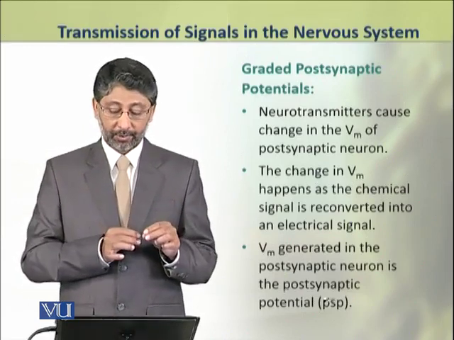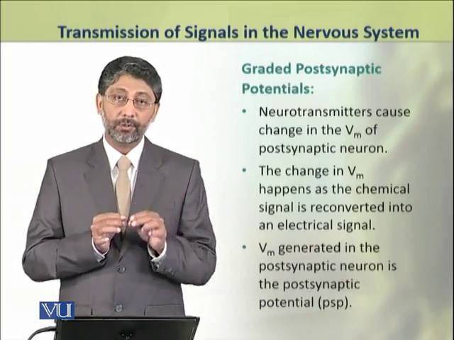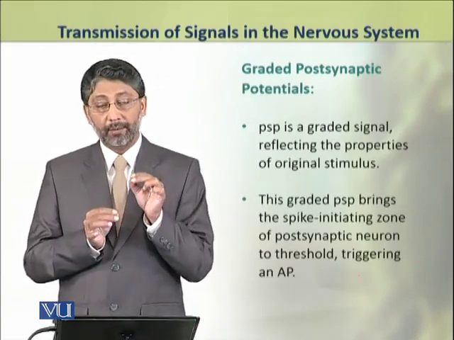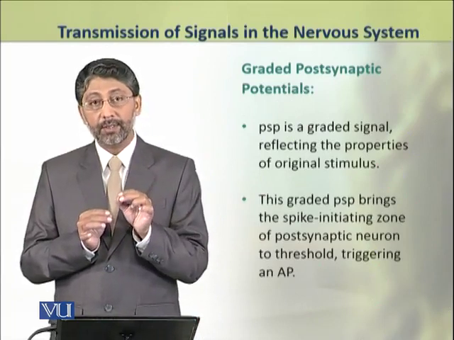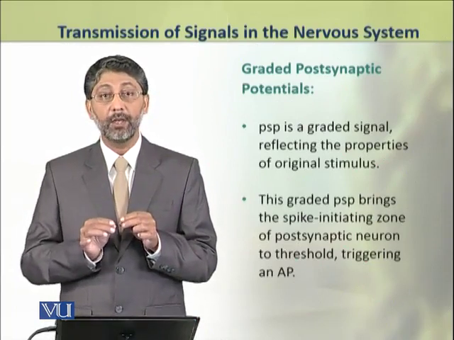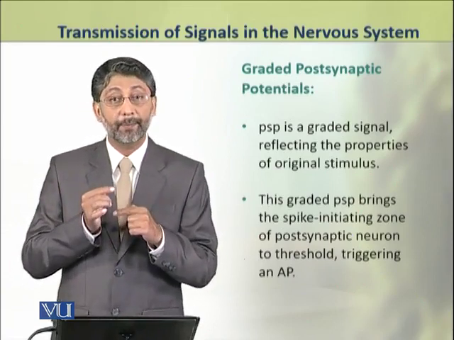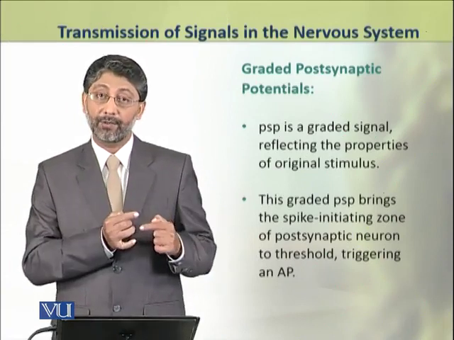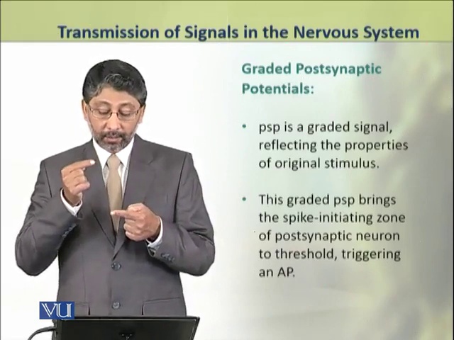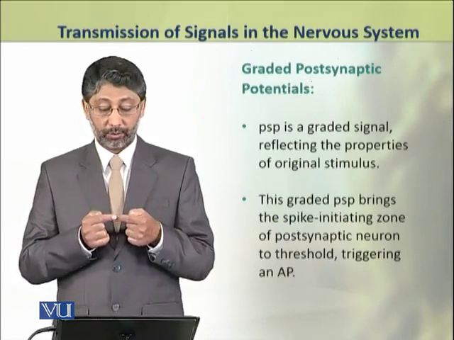This membrane potential generated in the postsynaptic neuron is known as postsynaptic potential. The postsynaptic potential produces a graded signal that reflects the properties of the original stimulus जिसने कि ये सारा प्रोसेस इनिशिएट करवाया था, जो कि रिसेप्टर साइट पर रिसीव हुआ था और उसने रिसेप्टर पोटेंशियल जनरेट किया था. पोस्ट सिनेप्टिक पोटेंशियल बिल्कुल उसी तरह का रिसेप्टर पोटेंशियल की तरह का एक पोटेंशियल चेंज है जो कि ग्रेडेड होती है.